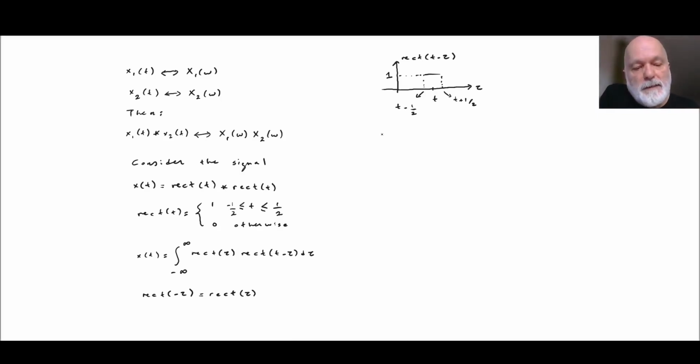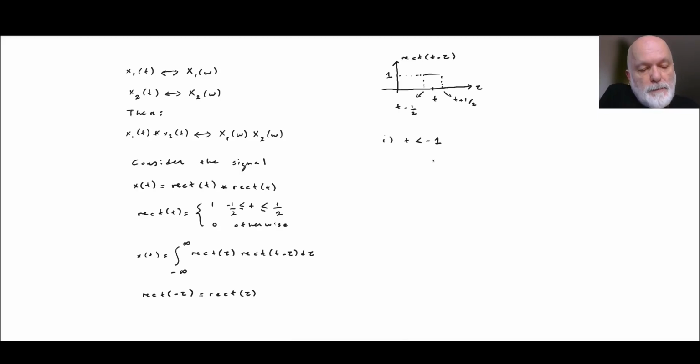Okay, for t less than minus 1, what can we say about the product of rect tau and rect t minus tau, appearing as the integrand of the convolution integral?